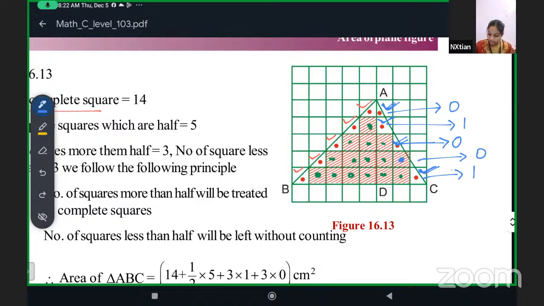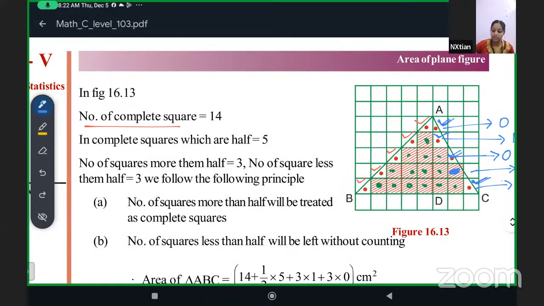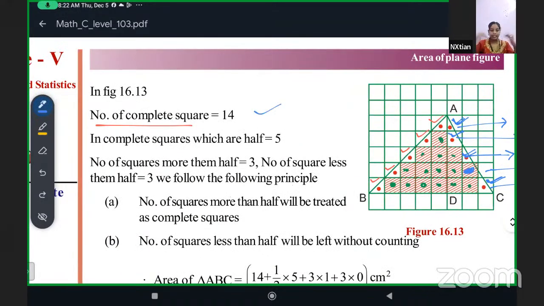So this square that we are talking about is only a little bit not shaded. But first, while you are solving, do the separation first. Firstly, we have taken the complete squares, 14, which are fully inside the triangle. Then we take incomplete squares, which are half inside the triangle, half outside.